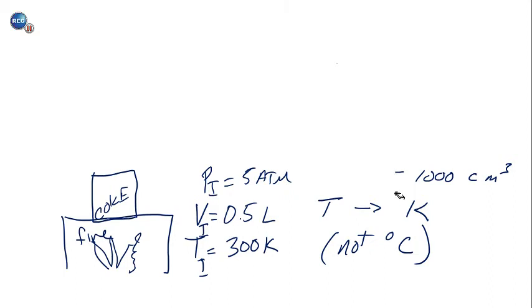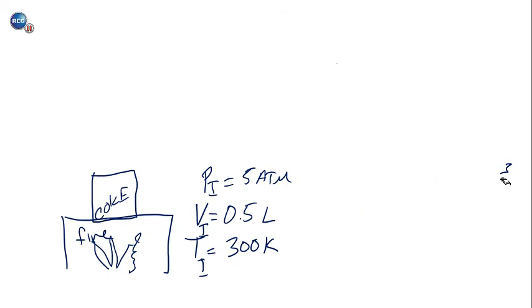But we can ask, well, what happens when I set this thing on the stove and it heats up? And let's say the can heats up to roughly the temperature of the fire, which will be the top surface of the stove. So let's say that that's 1,000 Kelvin.